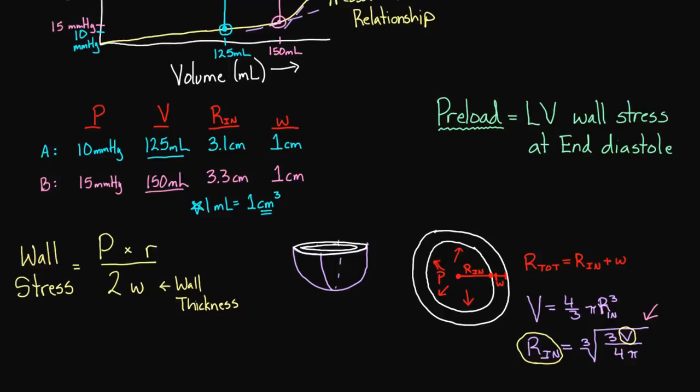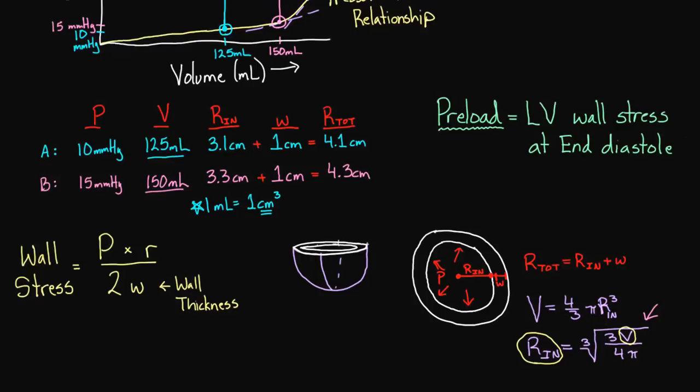The final variable we need is the total radius, which is simply the radius on the inside plus the wall thickness. So I can add those easily: the total radius is 4.1 centimeters. This will be 4.3 centimeters.